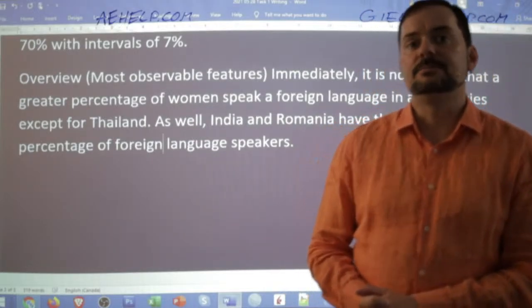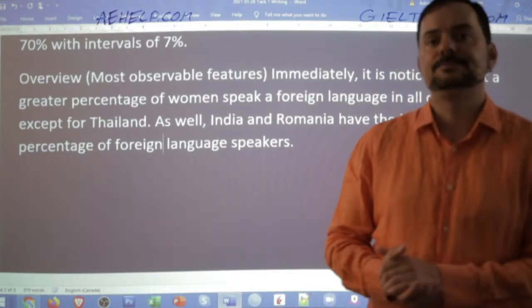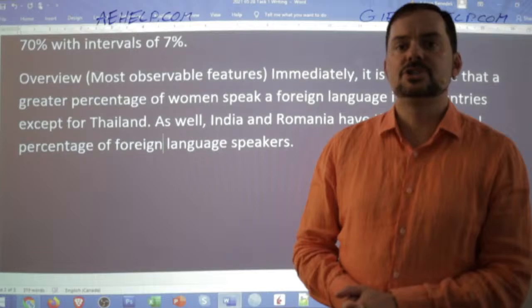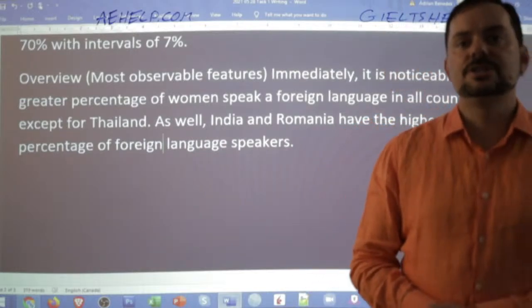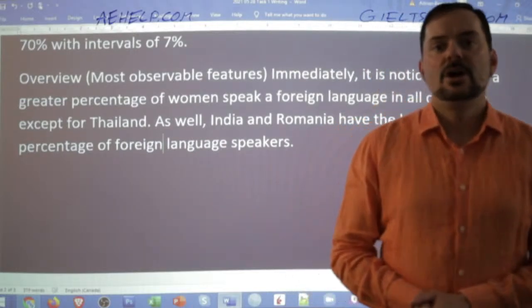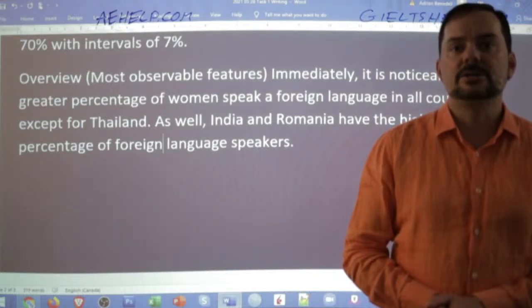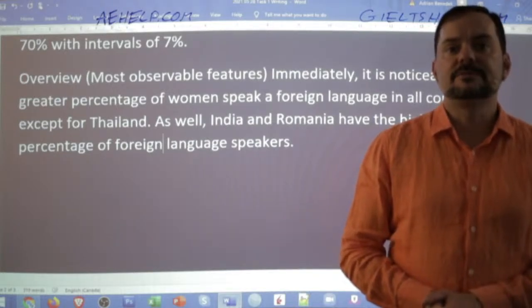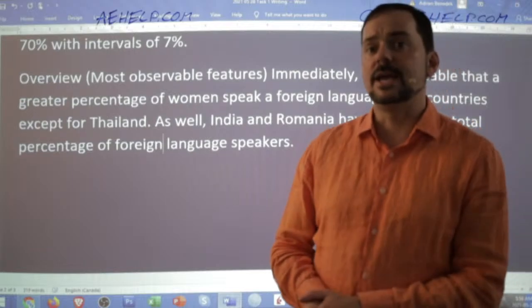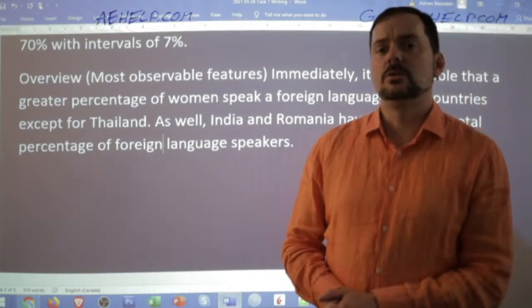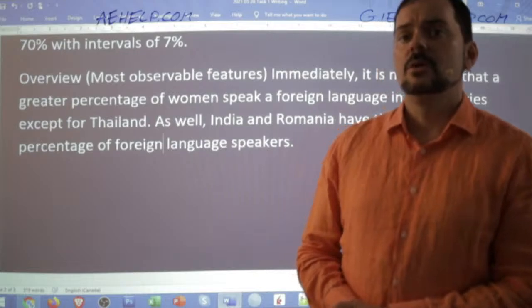Okay, Ali, good. A couple of corrections. Angelo says, in the bar chart, it is observed that all countries excluding Thailand are predominantly higher than males when it comes to proficiency in a foreign language. Okay, Angelo, careful. You're missing the word women or females. So it's quite confusing what you're stating.